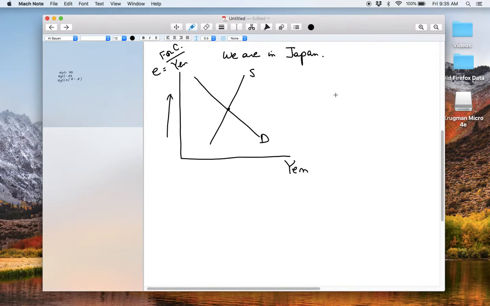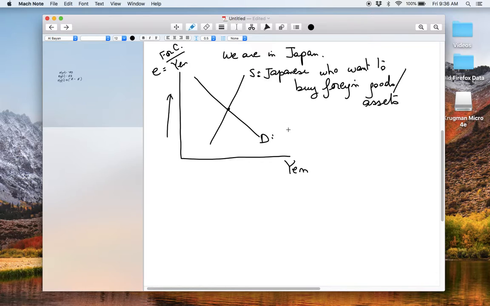Okay, all right. We said the supply of currency comes from Japanese people who want to buy foreign goods or foreign assets, okay?